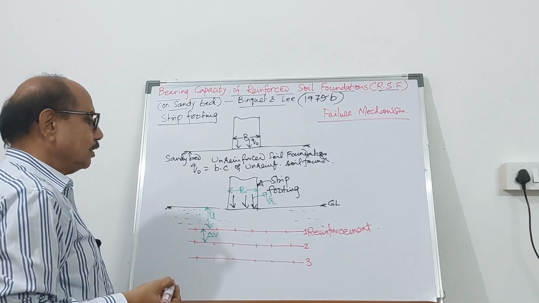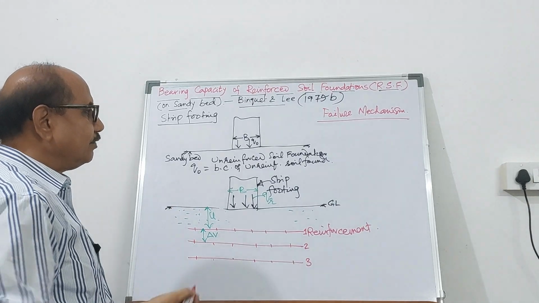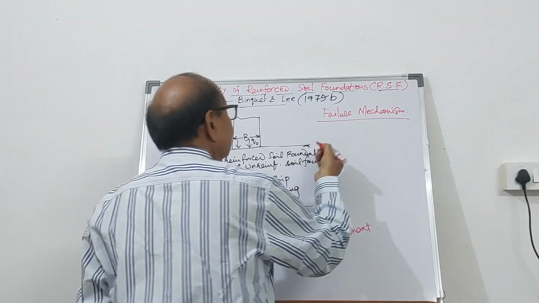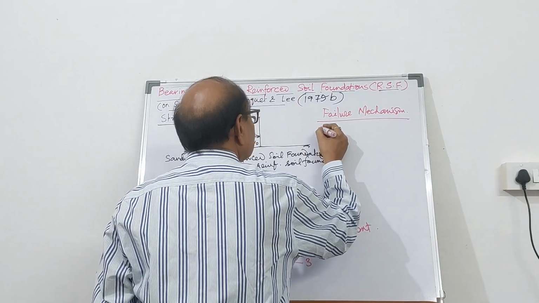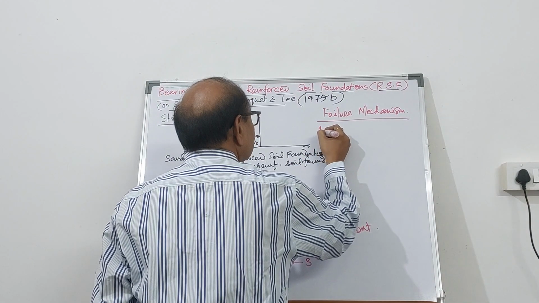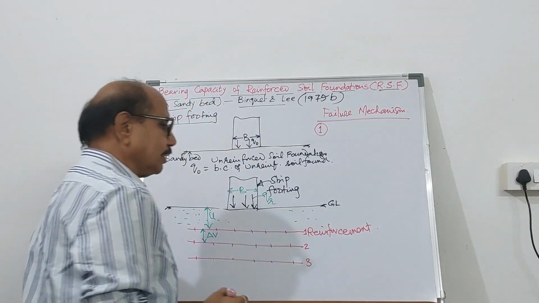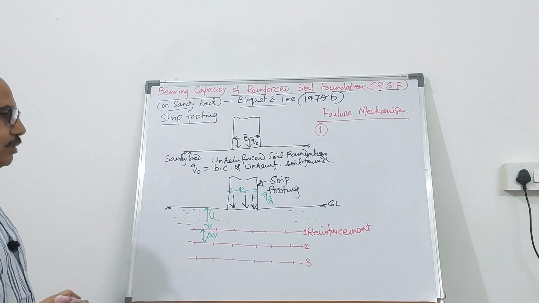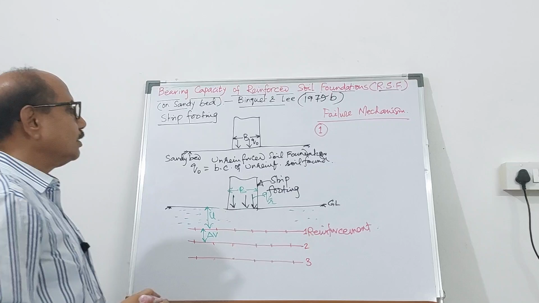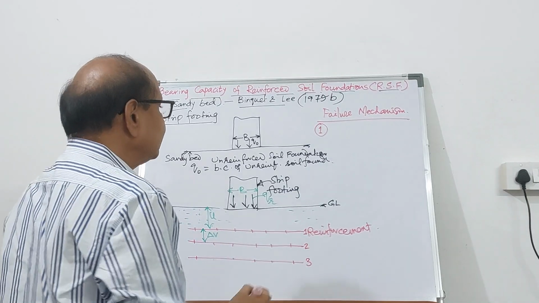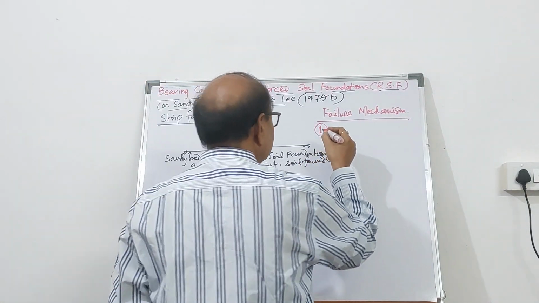What he observed was like this. Number one, there is going to be shear failure, that is slippage within the soil.